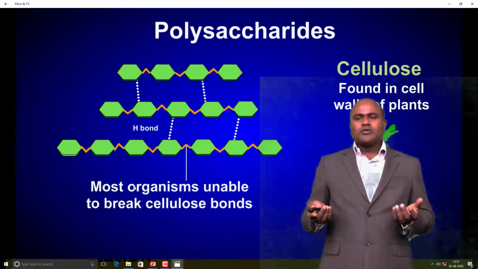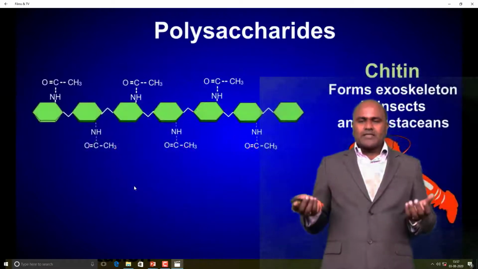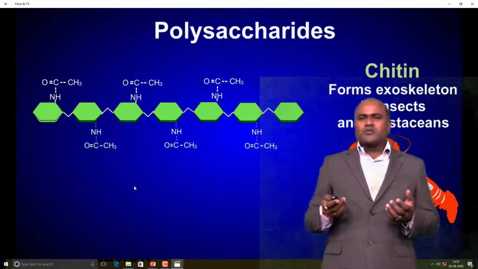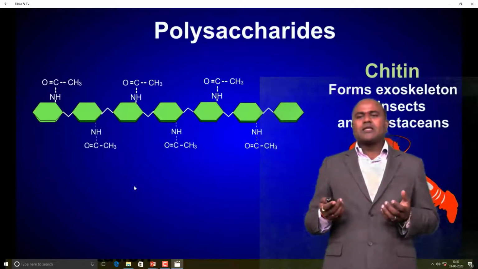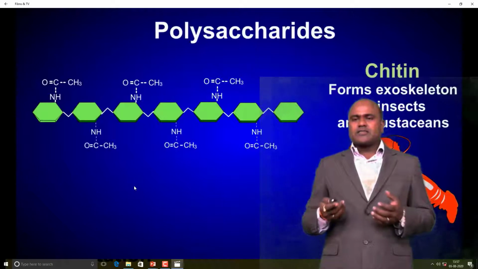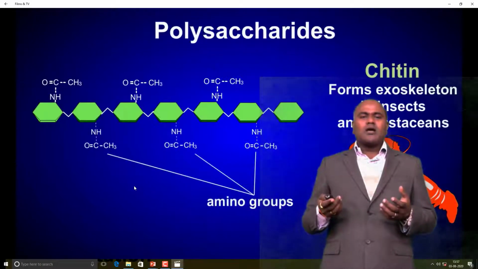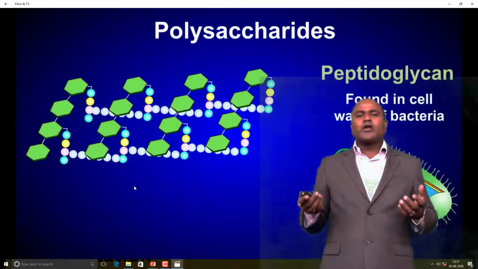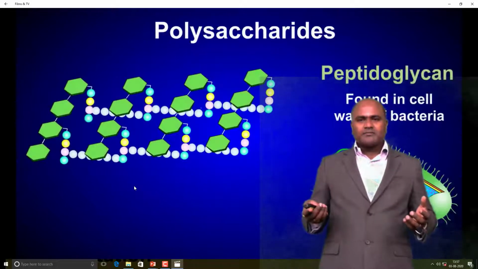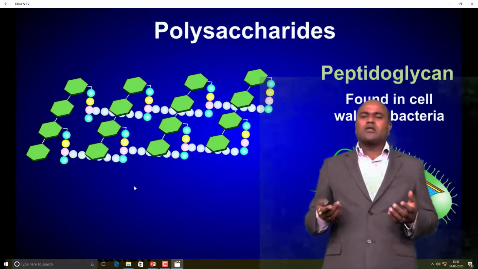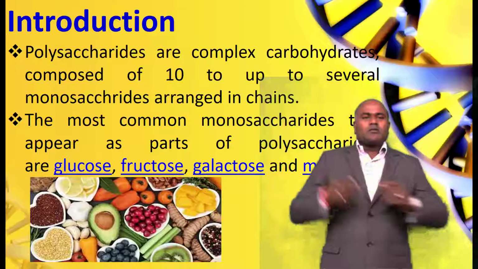Coming to chitin, it forms the exoskeleton in insects and crustaceans, and its sugar units are linked to amino groups. Peptidoglycan is found in the cell walls of bacteria.